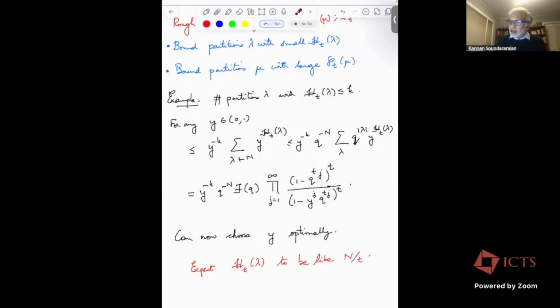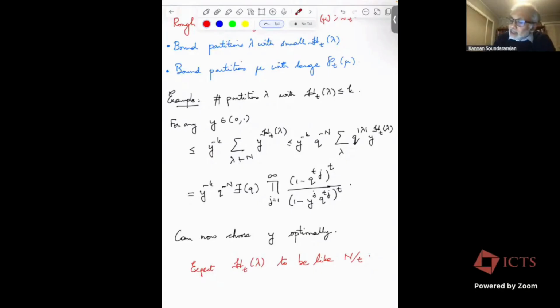If you study the two-variable generating function, you can bound the number of partitions lambda with h_t being smaller than k by y to the minus k times y to the h_t here. If h_t is smaller than k, this answer will be bigger than 1, so this is an upper bound for the total number of such partitions.